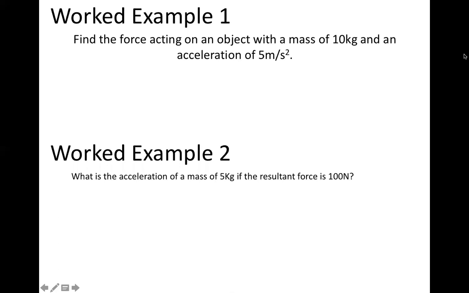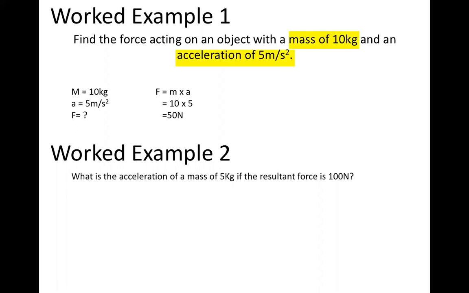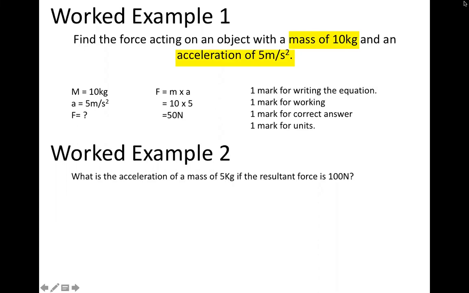How do I calculate for force? Mass times acceleration. What will your answer be? 50. So I have mass of 10, acceleration of 5 meter per second squared. F equals ma, 10 times 5 is 50, and don't forget your unit, 50 Newton.